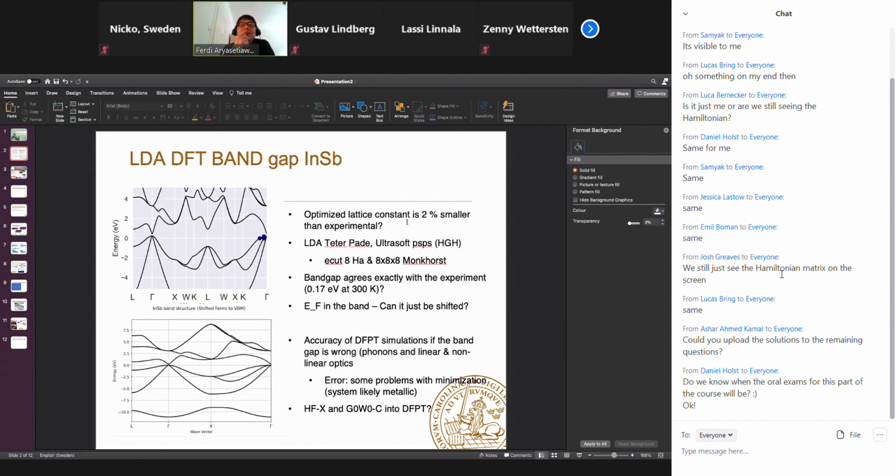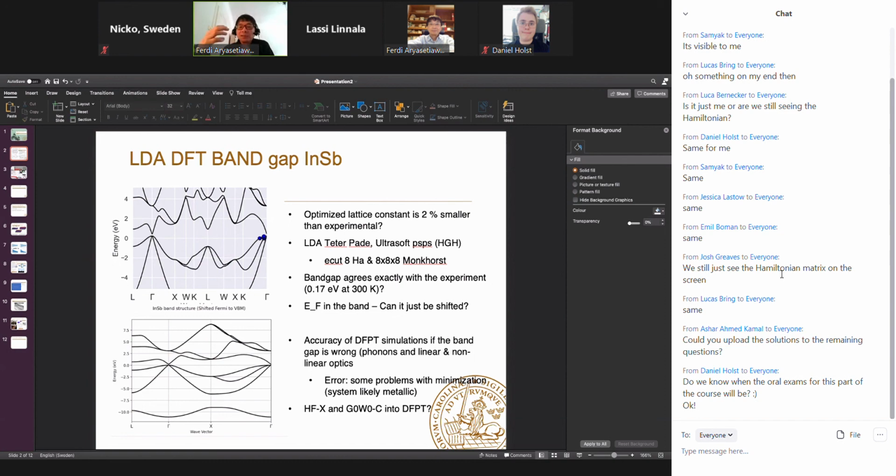That's not surprising, that's a usual LDA problem, I think. Is this too much off from the experimental? 2%, but I think that's a typical error in LDA.